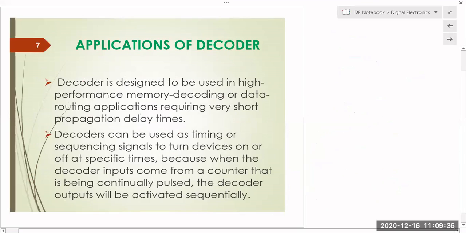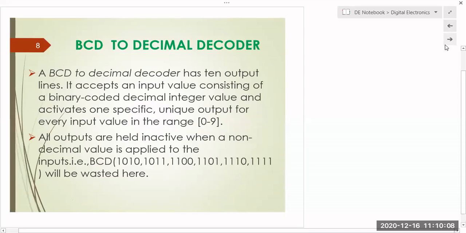A decoder is designed for high performance memory decoding or data routing applications requiring very short propagation delay times. A decoder can also be used as timing or sequencing signals to turn devices on or off at specific times, such as in alarms, because when the decoder inputs come from a counter that is continually pulsed, the decoder outputs will be activated sequentially. These are the different applications of decoders.